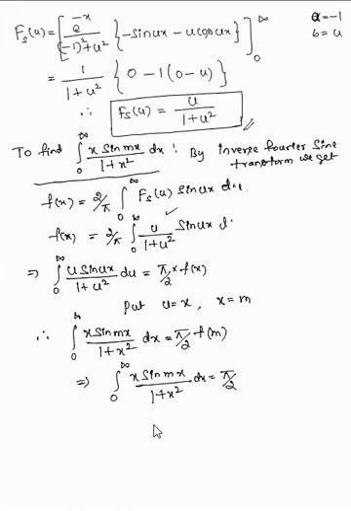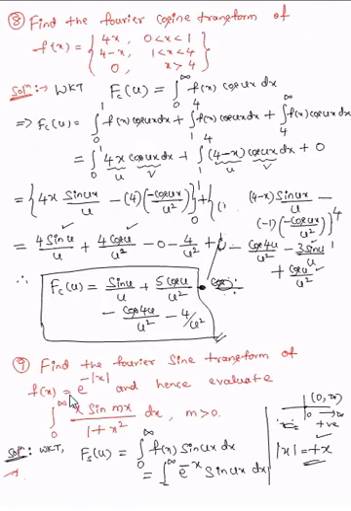Here, f of x is e power minus mod x. F of m becomes e power minus mod m. And already they said m is greater than 0, so I can write mod m as plus m only.